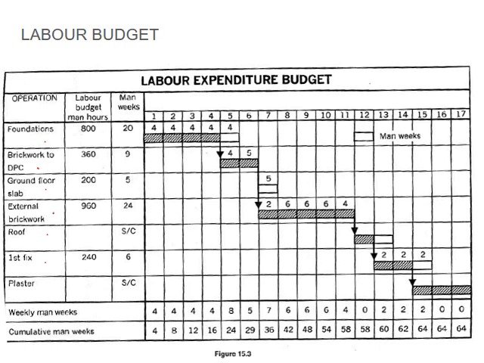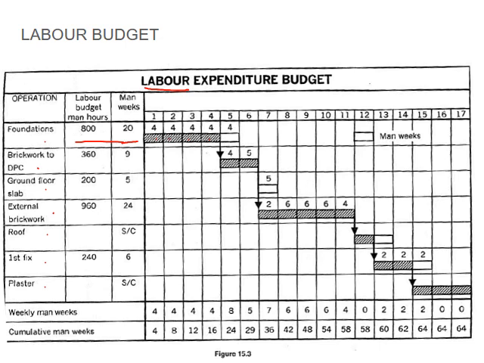Okay, so just looking at those graphs again, you've got your foundations, brickwork, ground floor, external works, roof, plaster, or first fix, plaster. So this is your labor expenditure that I spoke about earlier on. So you've got your man hours or your man weeks, and you divide that into your different weeks and calculate your cost.